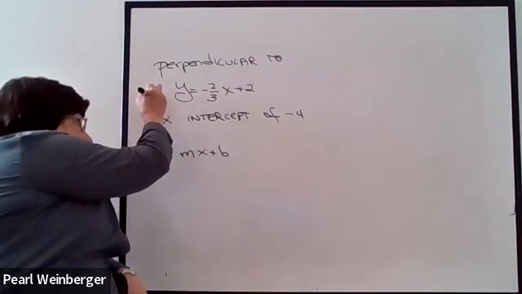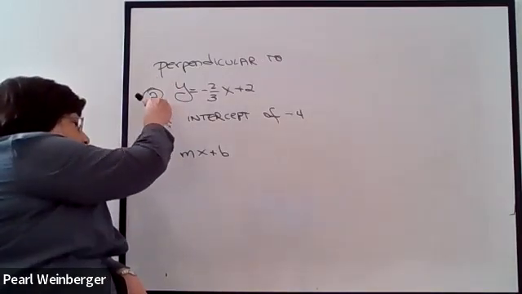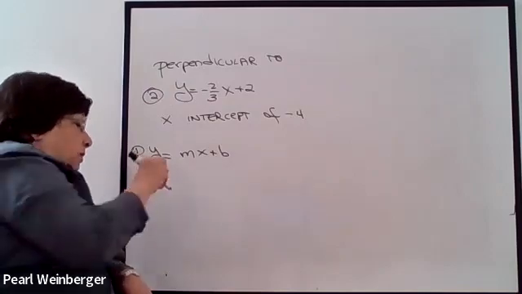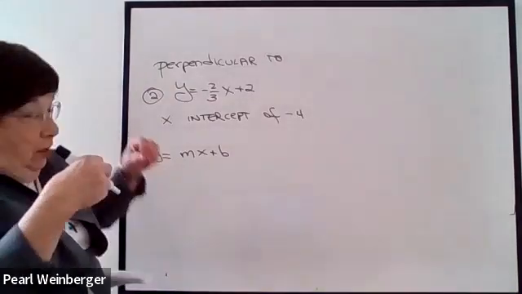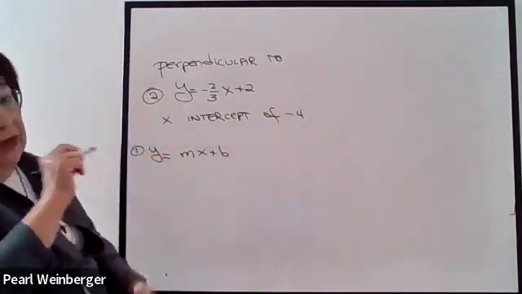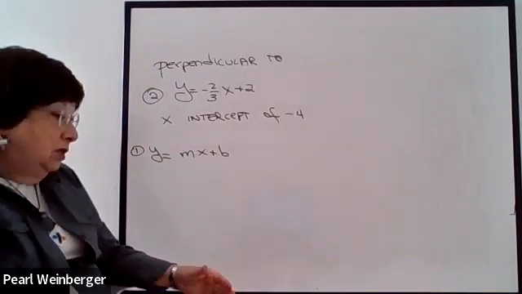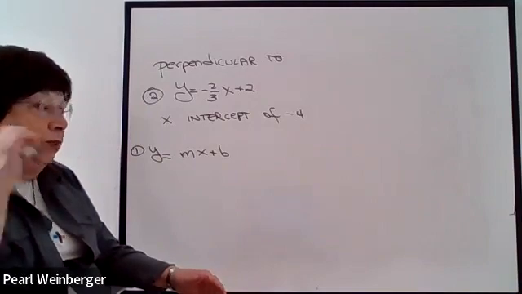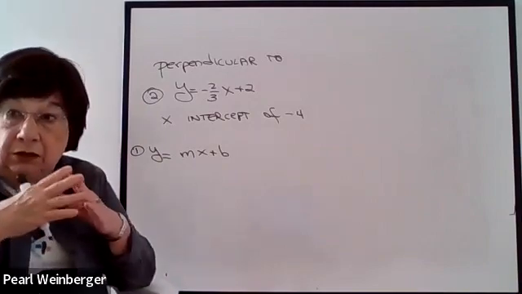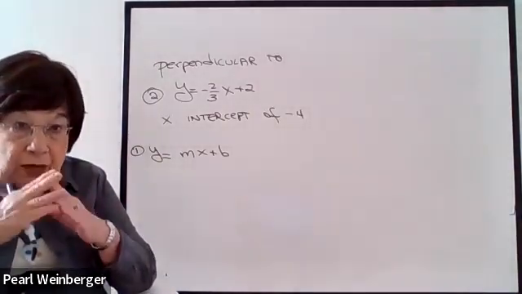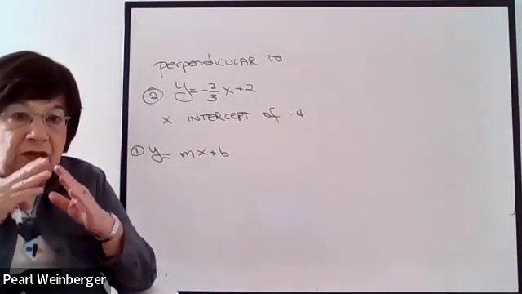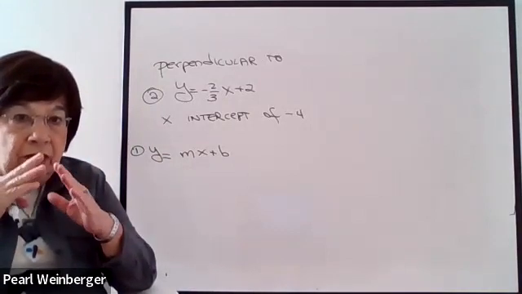Now remember, number 1 is the line we're writing the equation of. Number 2 is the original line they were talking about. The two lines that we're dealing with here are going to be perpendicular. Now remember, perpendicular means that they're forming right angles. But what does that mean in terms of their slope?